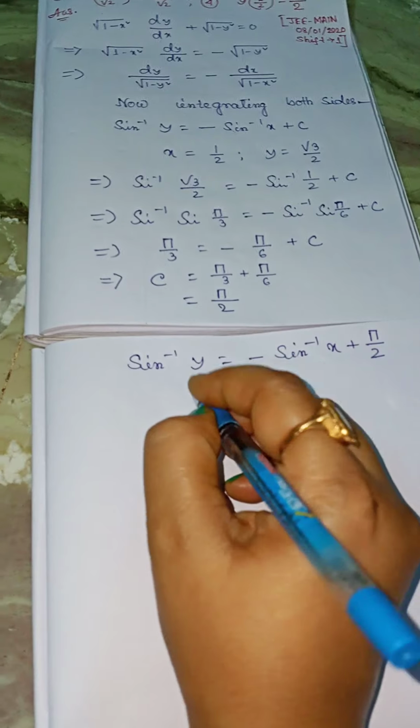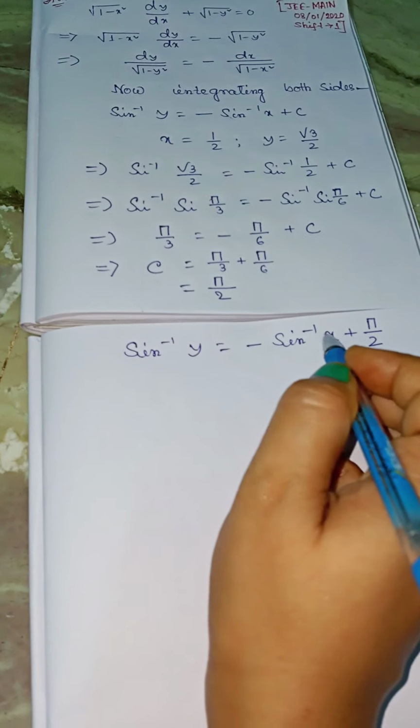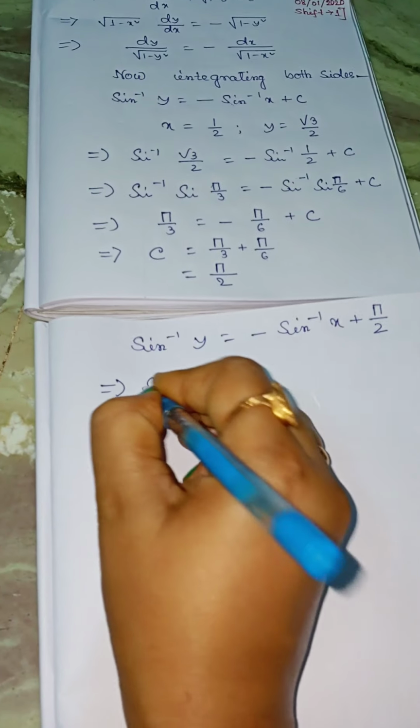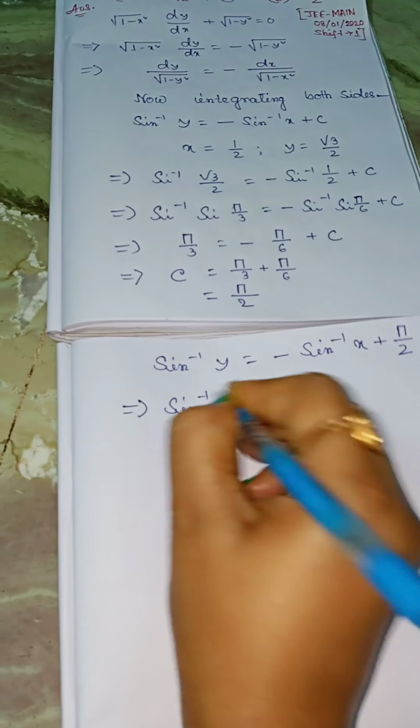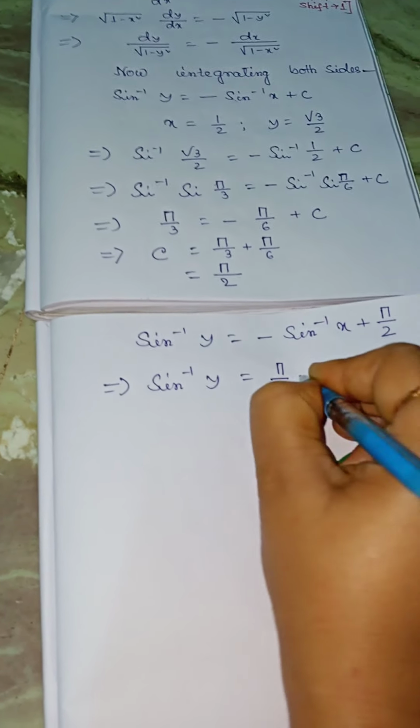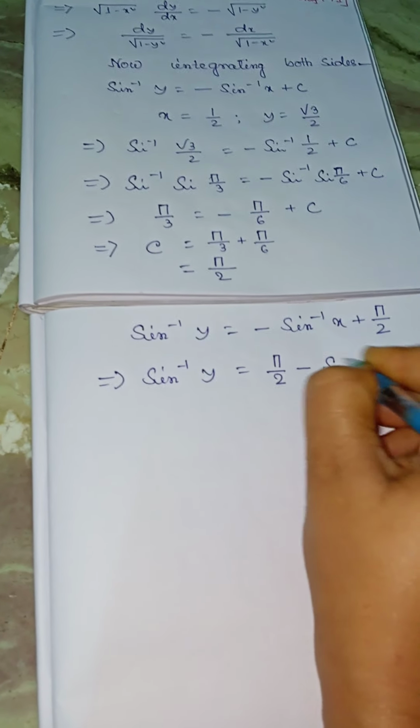Simplifying, sine inverse y is equal to pi by 2 minus sine inverse x.